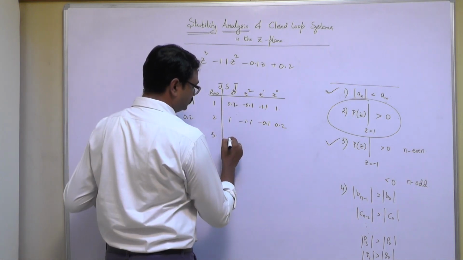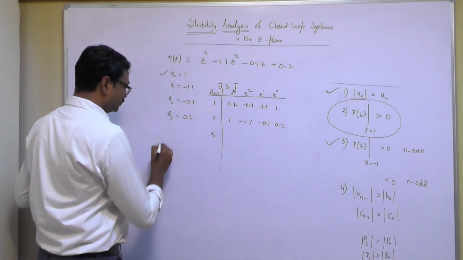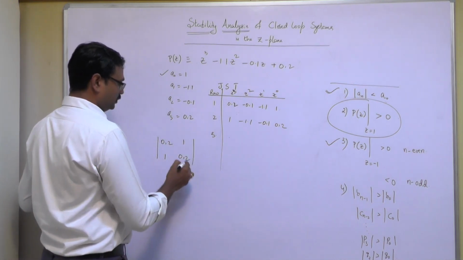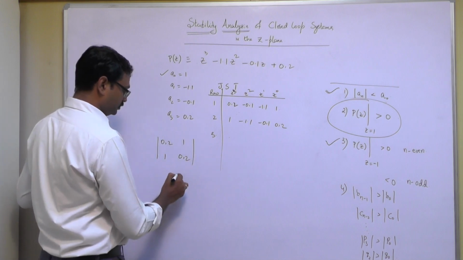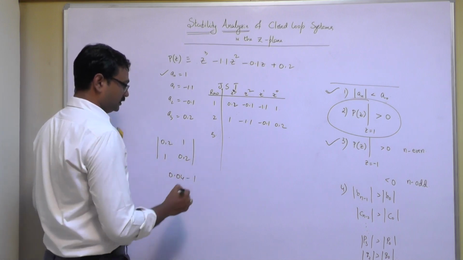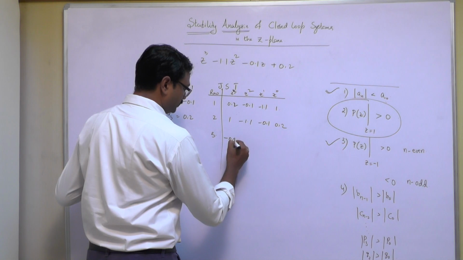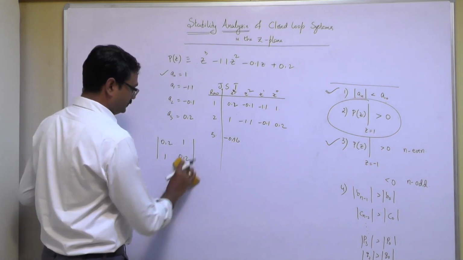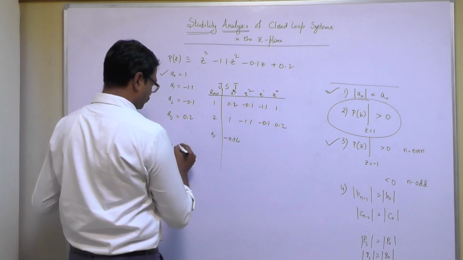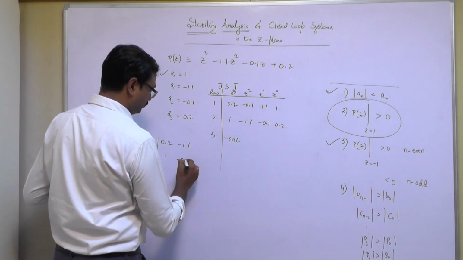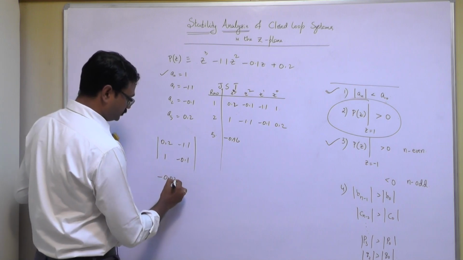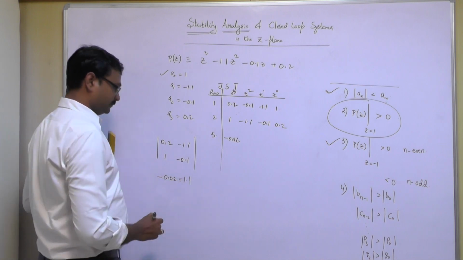And what is this value? Modulus of 0.2, 1, 1, 0.2. 0.2 whole square, 0.04 minus 1, that is minus 0.96. Now what is the next point? 0.2 times minus 1.1 and minus 0.1, where we will be having minus 0.22 plus 1.1.